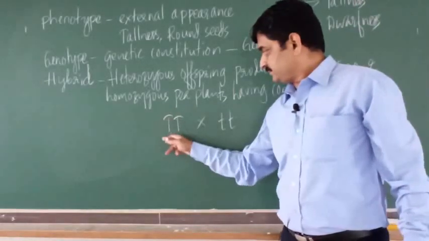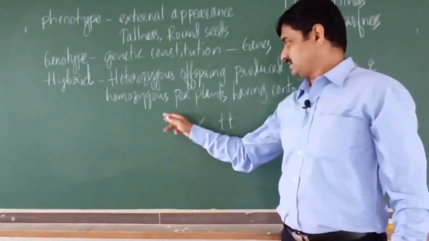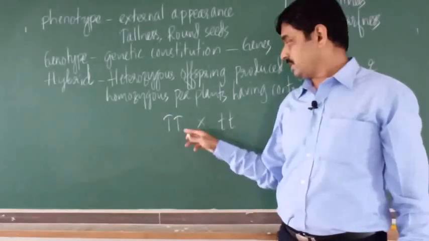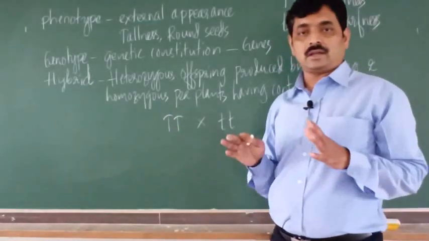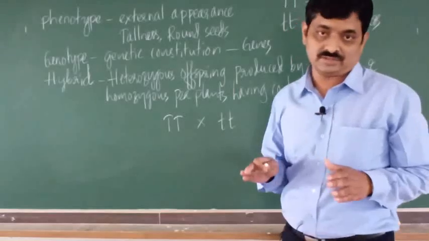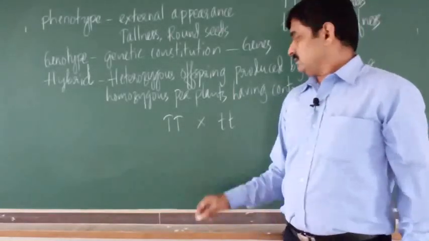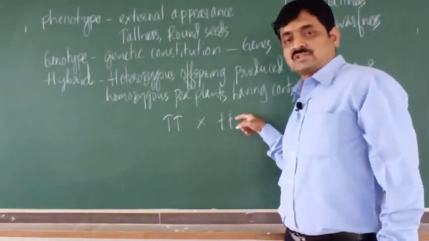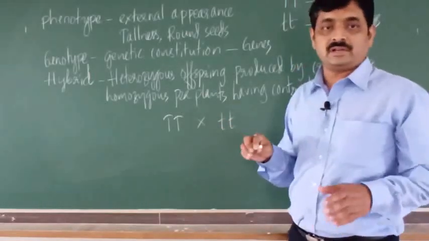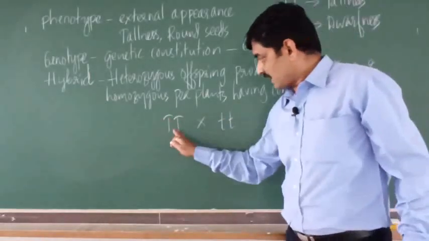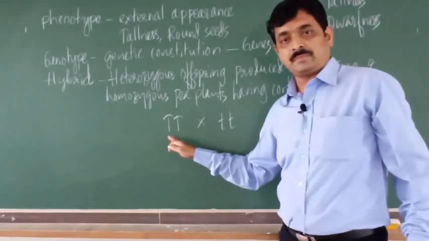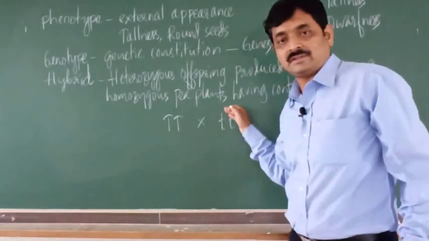Now here, this pea plant is homozygous because it is having a pair of similar genes, right? This pea plant is also homozygous because it is also having a pair of similar genes. So this we can call the genotype of the pea plant. Even this is the genotype of a parent pea plant.